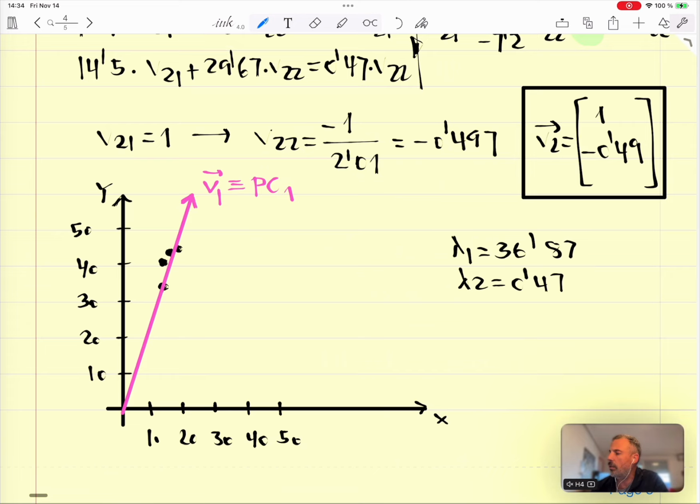Okay, so the percentage of variability explained by lambda 1 is going to be 36.87 divided by 36.87 plus 0.47 times 100.